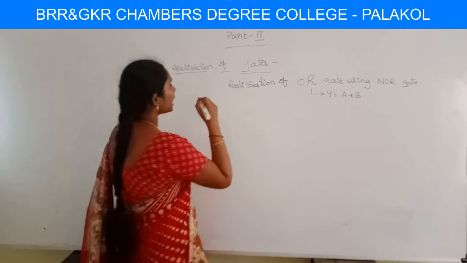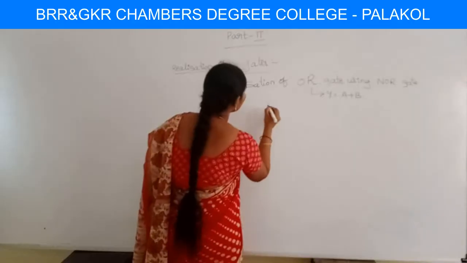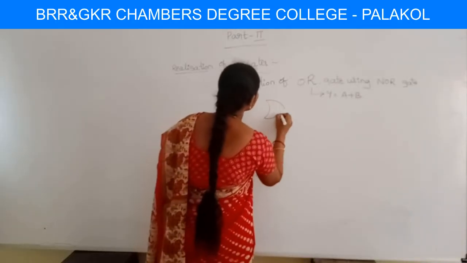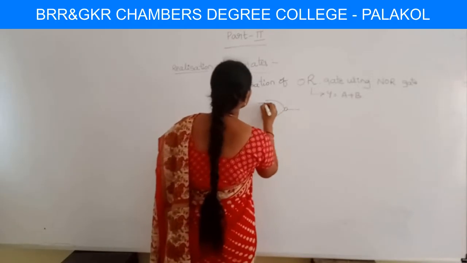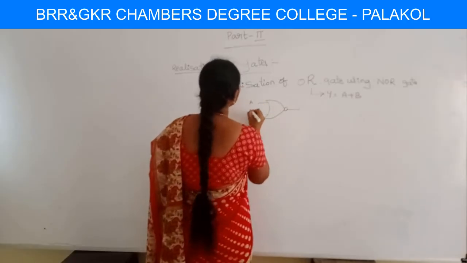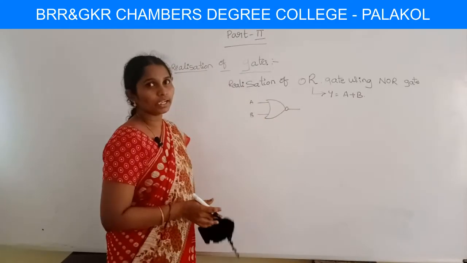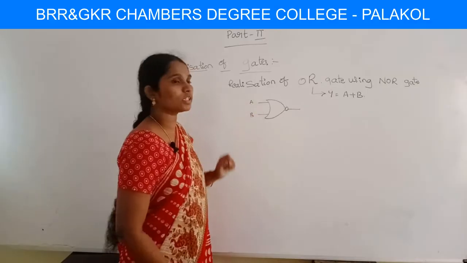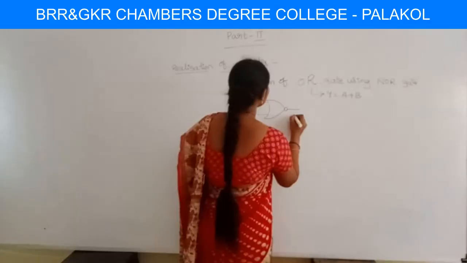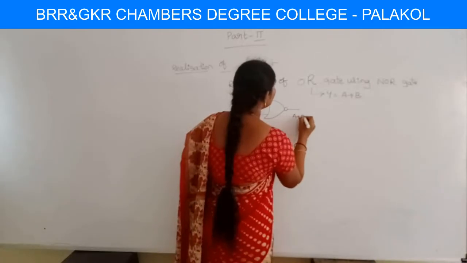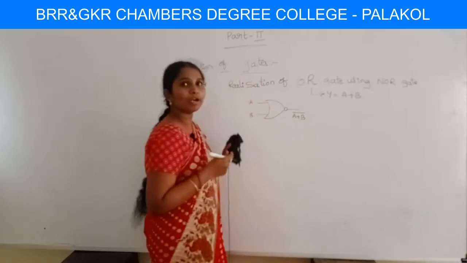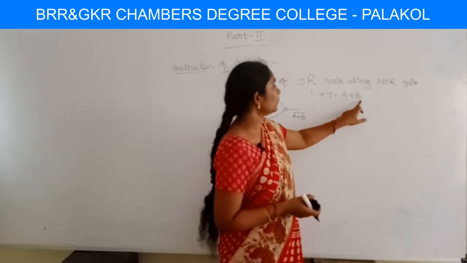Okay, so here I consider a NOR gate. That means I apply the two inputs to the gate. So here these are the two inputs. So what will be happening here? So this is A plus B whole bar, but we require only A plus B.